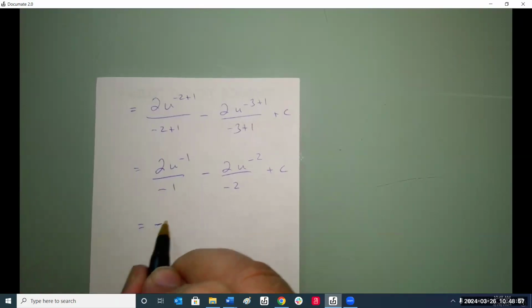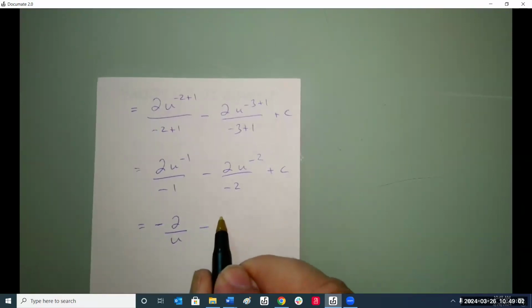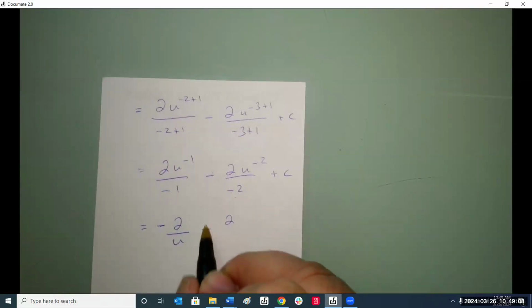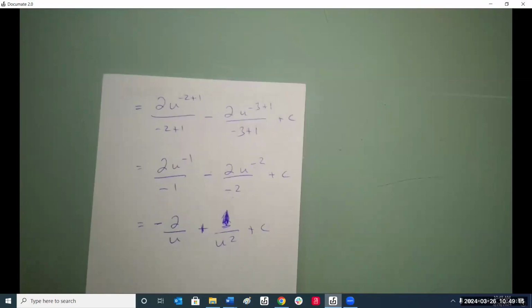So this makes the whole thing negative 2 over u, minus, no, the 2 and the 2 cancel, so the negative becomes a plus. So it's 1 over u squared plus c.